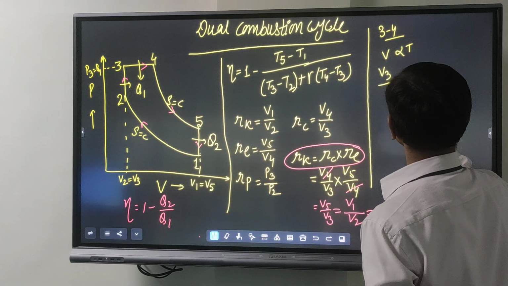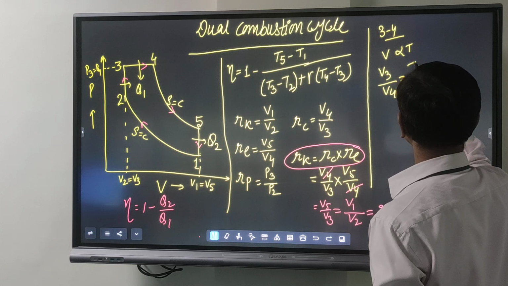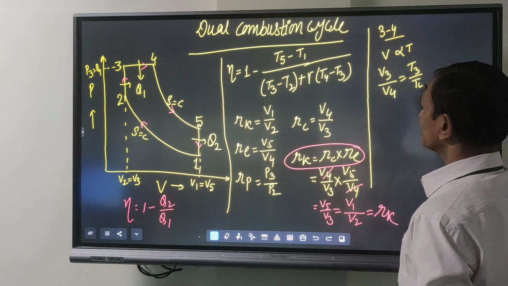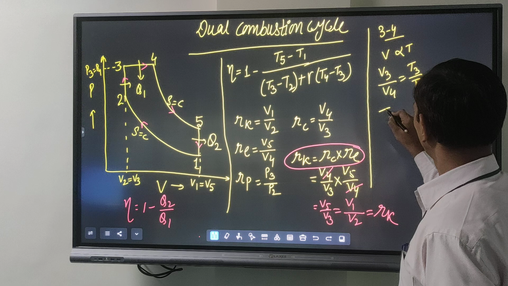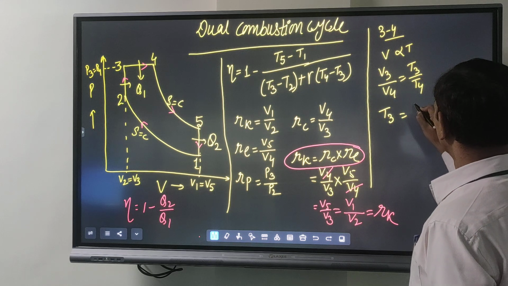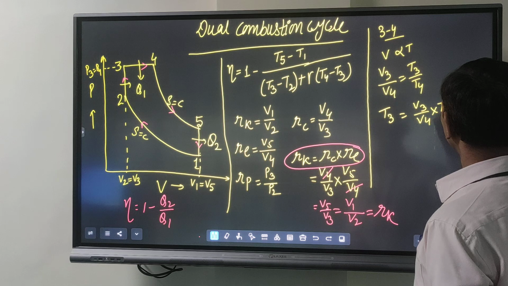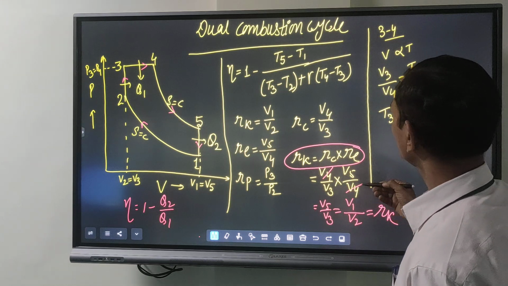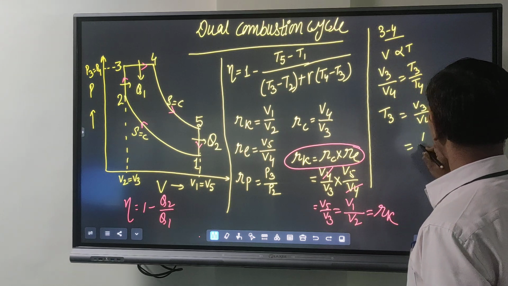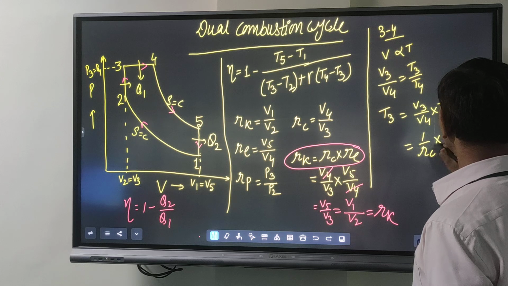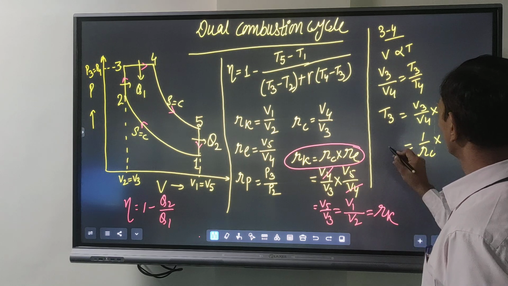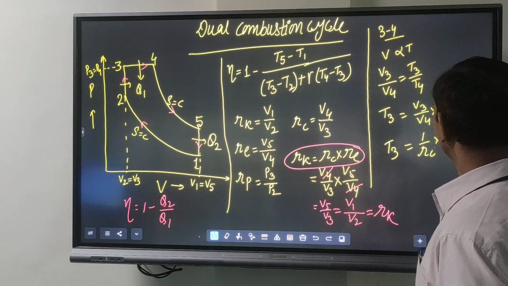So V3 by V4 is equal to T3 by T4. So find the value of T3: V3 by V4 into T4. What is the value of V3 by V4? We can write 1 by RC into T4. This is T3.